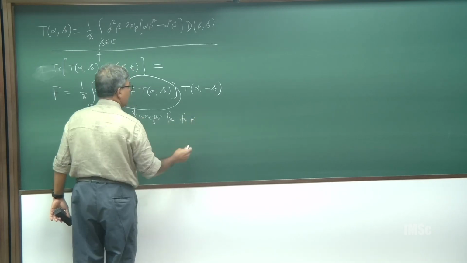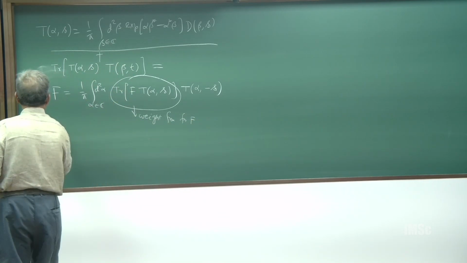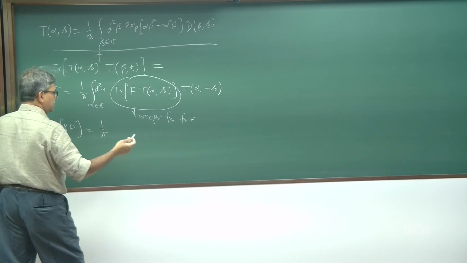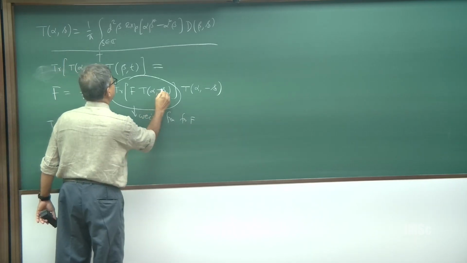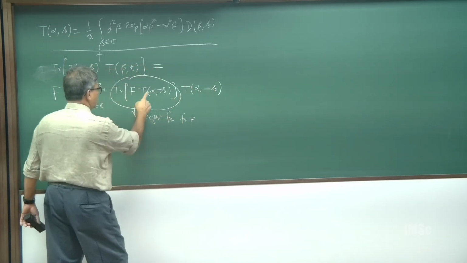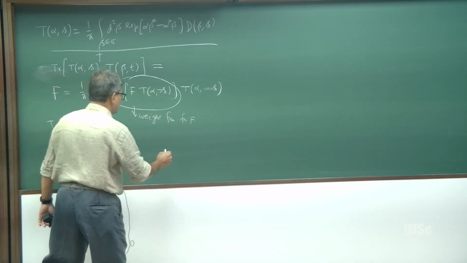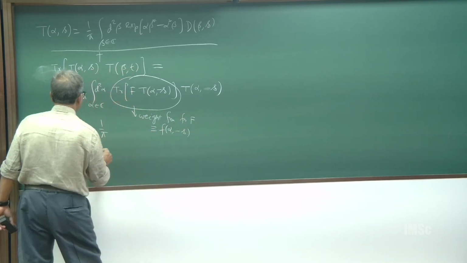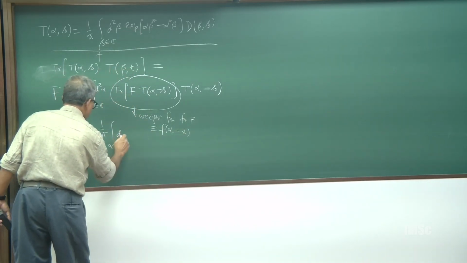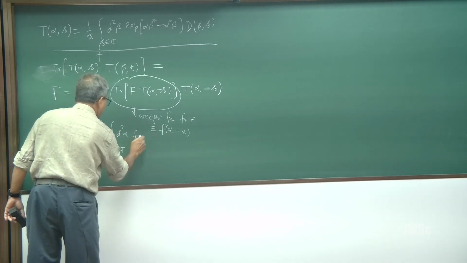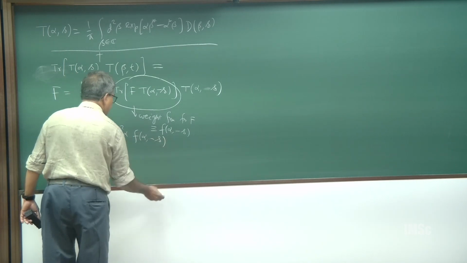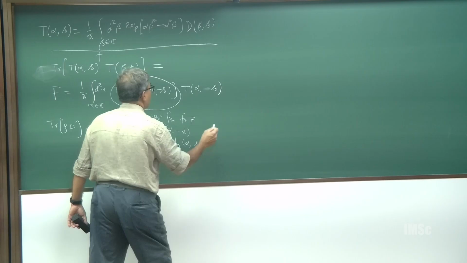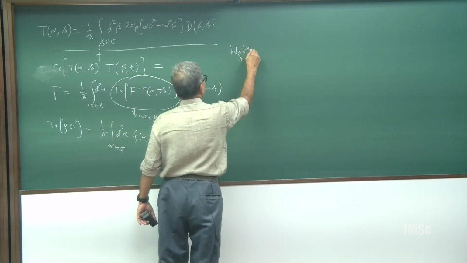for F, and if I now take the trace for any density matrix, 1 upon pi, generally we do the opposite, we take this as minus and this as plus, okay. So, this I call the weight function. This is generally written as the integral over alpha belonging to C, d square alpha, of F of alpha minus s times W rho of alpha s. And what is W rho of alpha s?